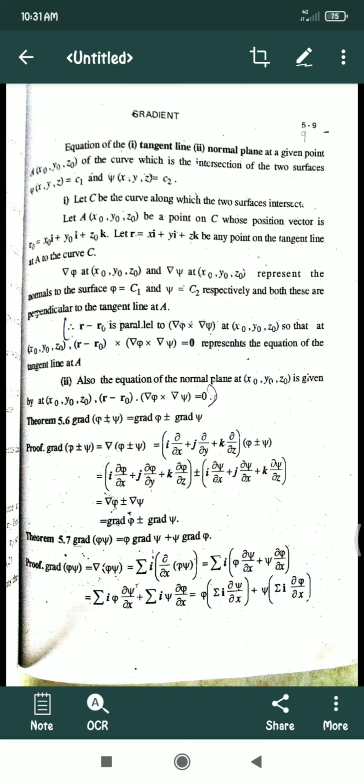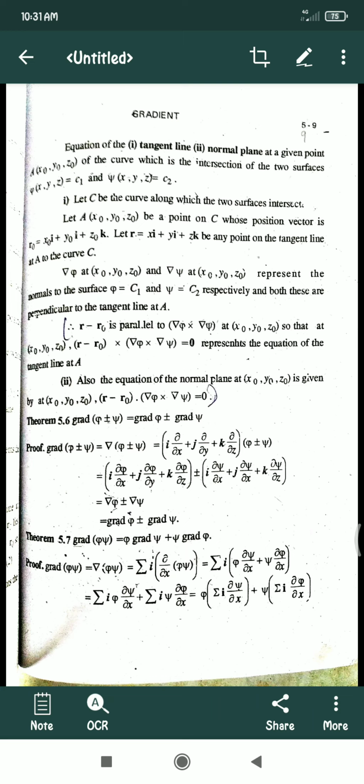So we have chosen a pi function and a psi function to find the intersection of two surfaces. We have chosen r naught equal to x naught i, y naught j and z naught k, and r equal to xi, yj and zk as the two position vectors. From that we can find the equation of the tangent line at a point and the equation of the normal plane at a point.